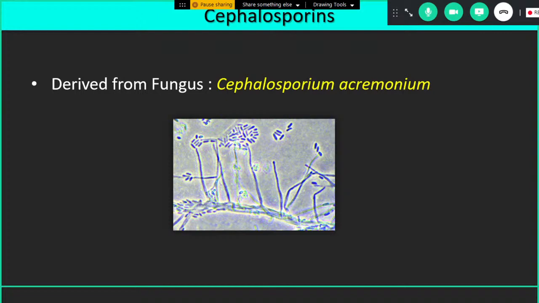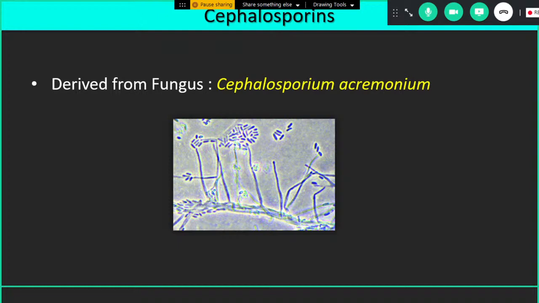Lastly, he went to a sewerage pool, and there he found this cephalosporium, which was very effective against these bacteria. He discovered it in Italy in 1945, I think, and in the 1960s it came to the market. Since then, it has been used.